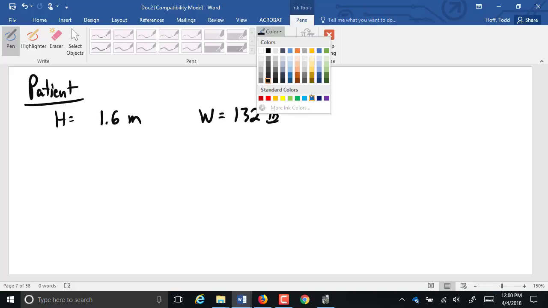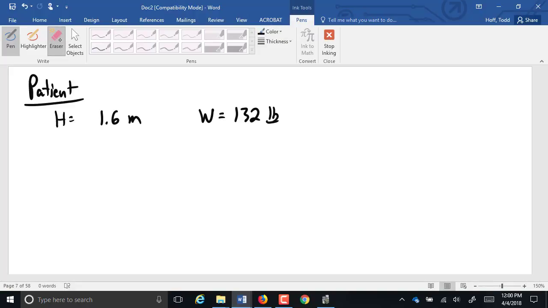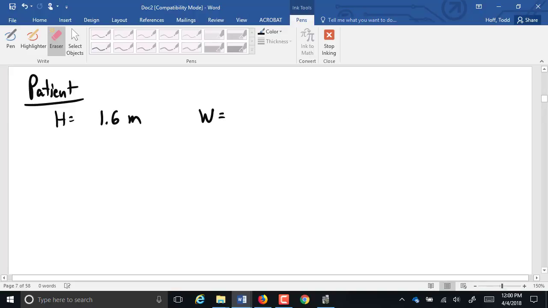Let's find their body. Oops, 132 pounds. Let's actually adjust that. I don't want to mix that. Let's go with 60 kilograms. So I'm not mixing meters and kilograms together quite yet.